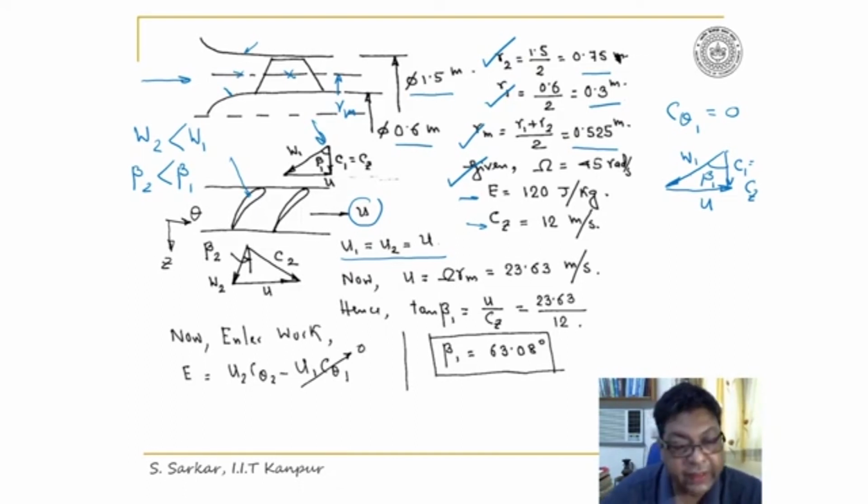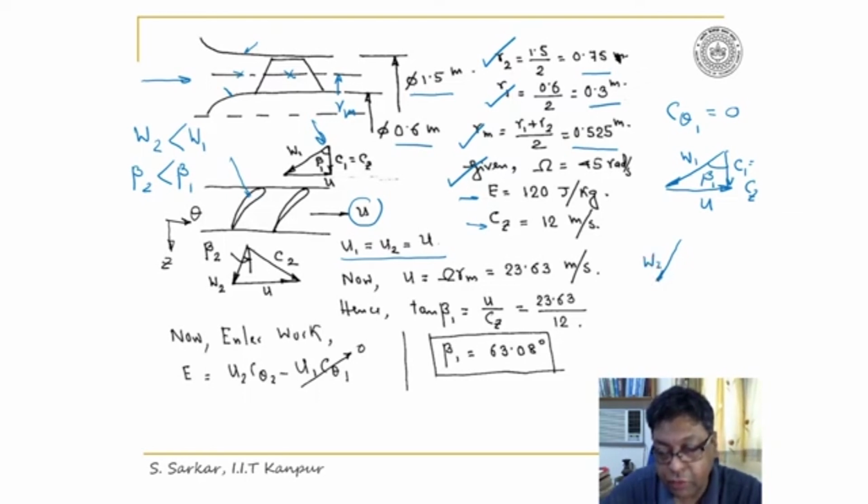Now, what is the exit velocity triangle? Now W2 will be less than W1 and beta 2 will be less than beta 1. If we know this, let me draw that. This is W2.